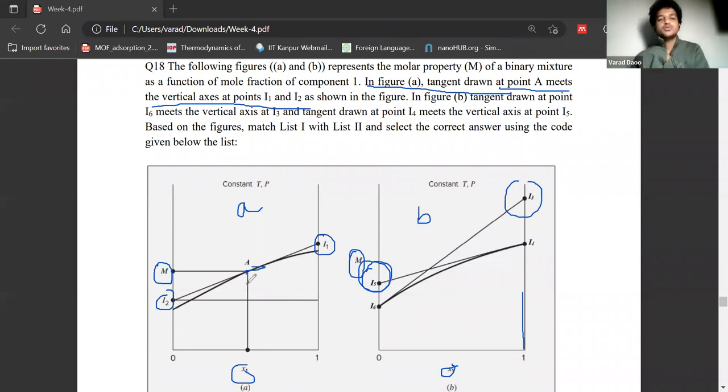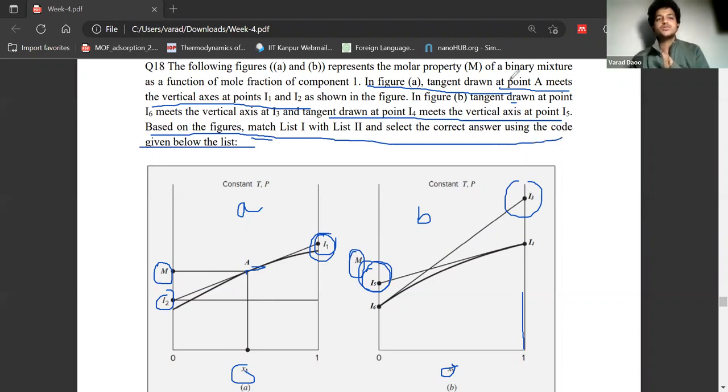The question is about the relationship between I1, I2, I3, I4, I5, I6. Based on the figures, we have to match this one with these two and select the correct answer using the code given.